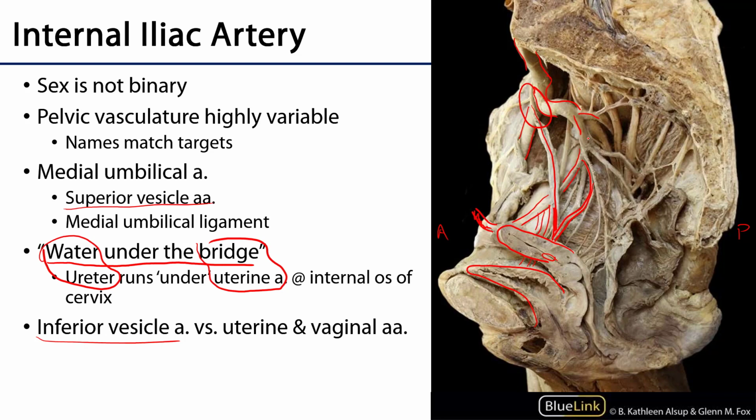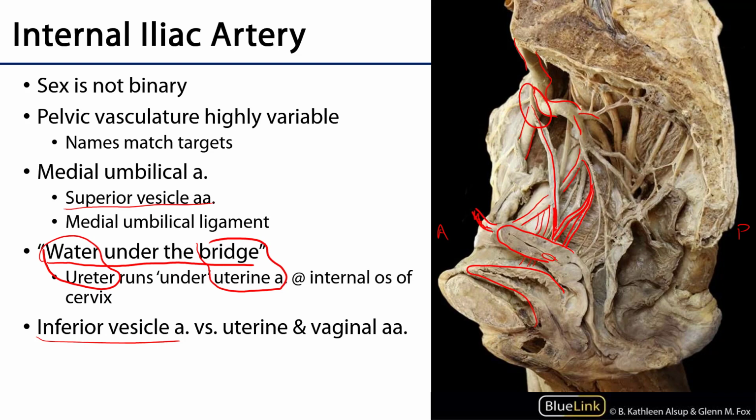And in other individuals, these inferior vesical arteries may either be branches from the uterine artery or the vaginal artery. In fact, what we probably see between males and females is homology between what would be the inferior vesical artery and the uterine and/or vaginal arteries.